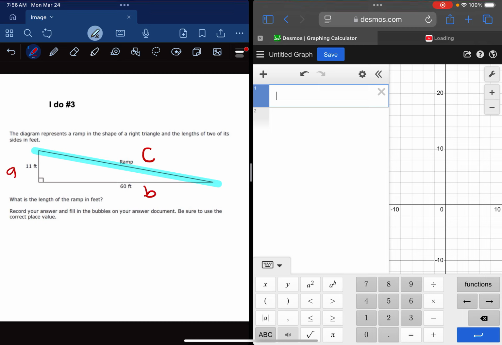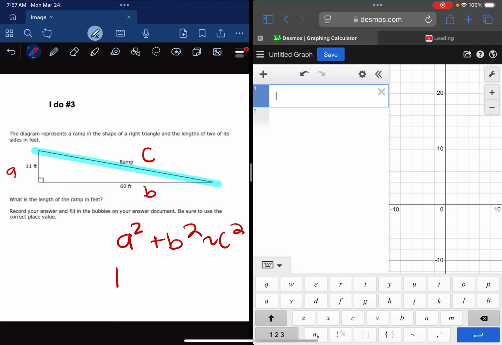Now we will just use the Pythagorean theorem. A squared plus B squared tilde C squared. Plug in my numbers: 11 squared plus 60 squared tilde C squared. We'll go ahead and put that into decimals to get our answer.